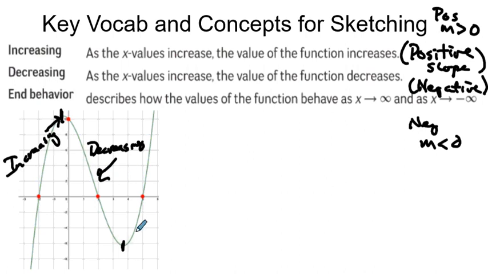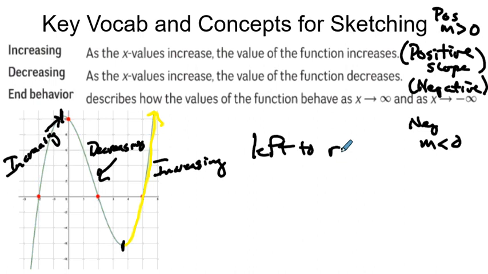And then from this part on, and I'll mark it, going on up, it's increasing. So it's always left to right. It's the way you read, and that's how we always look at slope. That's how you look at increasing and decreasing. So if you can just think of it in terms of slope, I don't think it's too complicated.